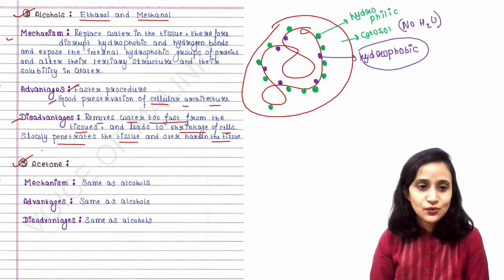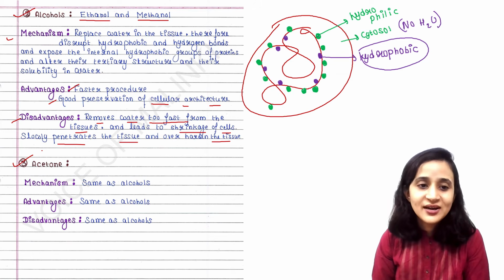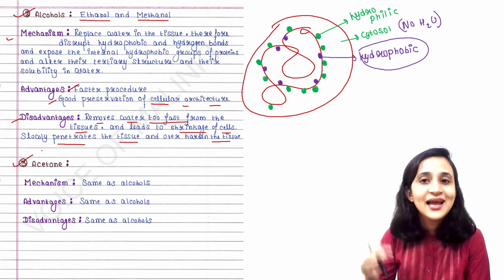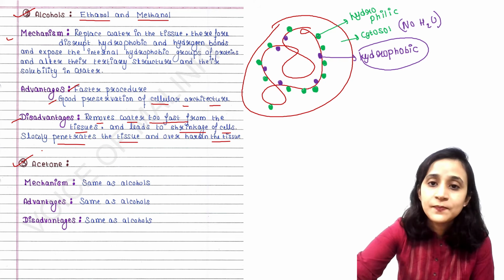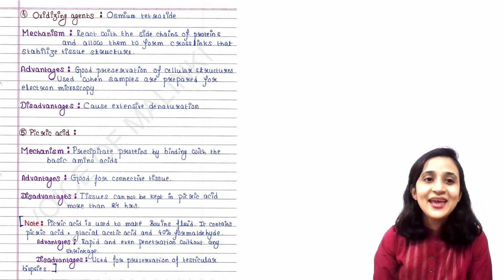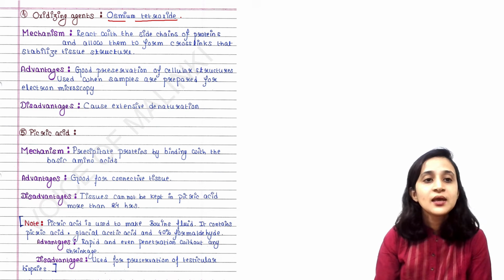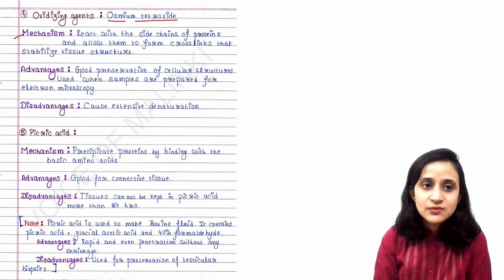Next is acetone. So acetone has the same mechanism, same advantages and same disadvantages as alcohols. Next are oxidizing agents. For oxidizing agents, we use osmium tetroxide. So what is the mechanism of it?